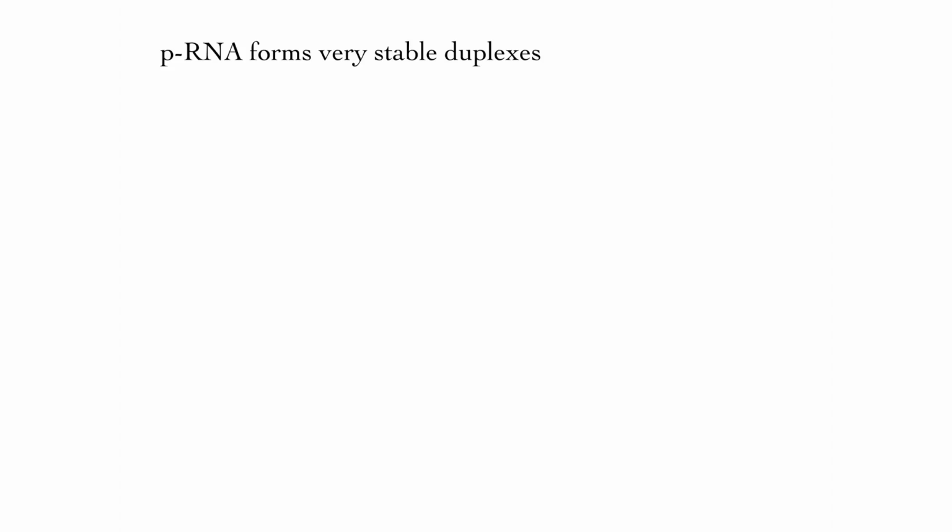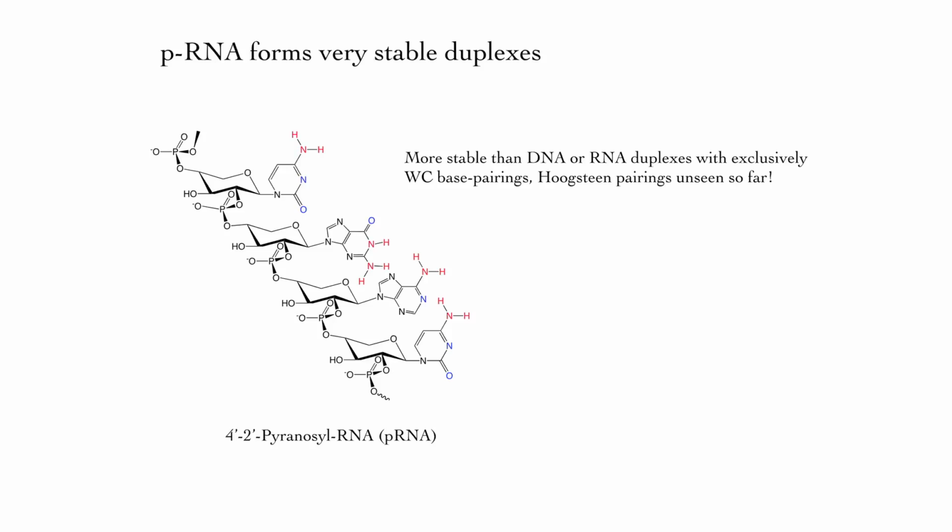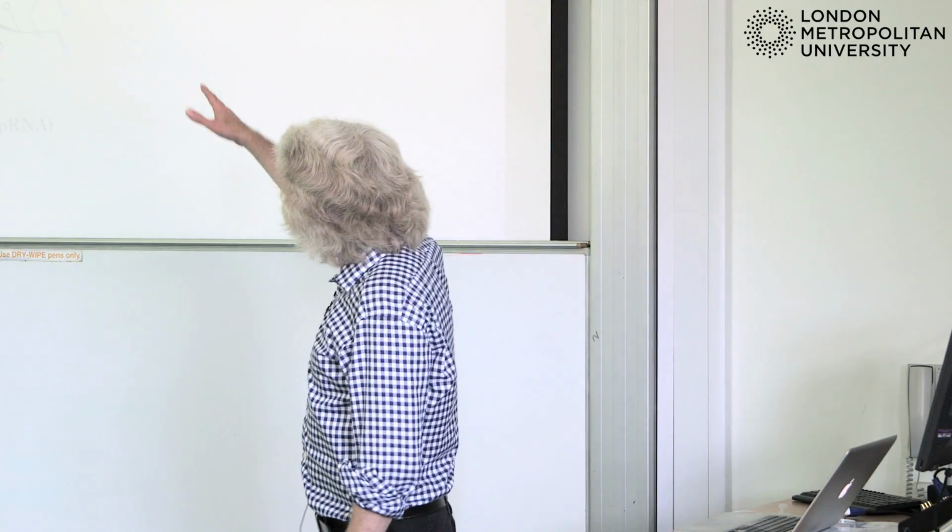Now, pyranosyl RNA, a sort of six-membered analog of RNA, forms extremely stable duplexes, so-called 4', 2' pRNA. These are more stable than naturally occurring DNA and RNA, and they show exclusively Watson-Crick base pairing. So far to date, no non-Watson-Crick base pairing or Hoogsteen pairs have been seen for this particular nucleic acid analog.